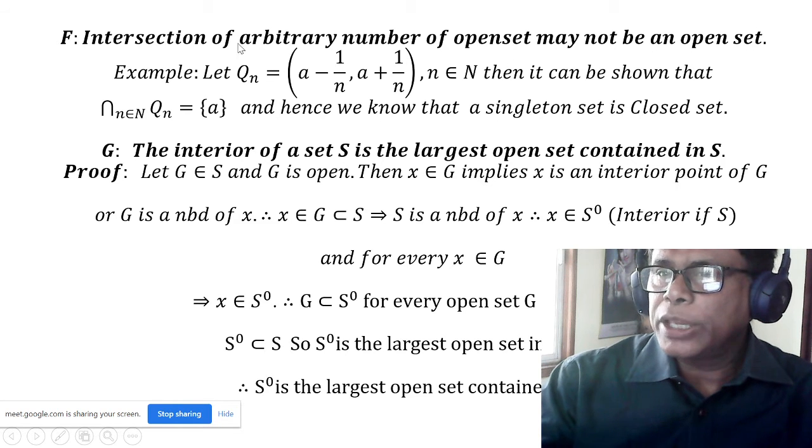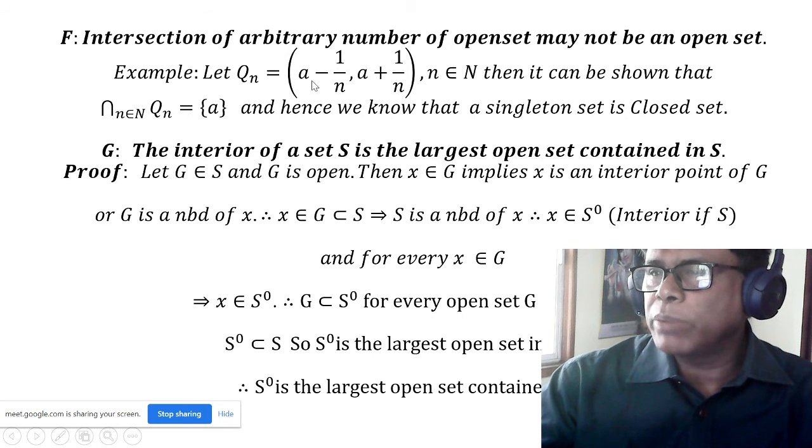Now see, take the sets Gn for n in the natural numbers, where a is a rational number, Gn is the interval from a minus 1 by n to a plus 1 by n. Each of these is an open set. But the intersection of these is nothing but a singleton set. Continue the intersection: first a minus 1 and a plus 1, then a minus half and a plus half, then a minus 1/3 and a plus 1/3.